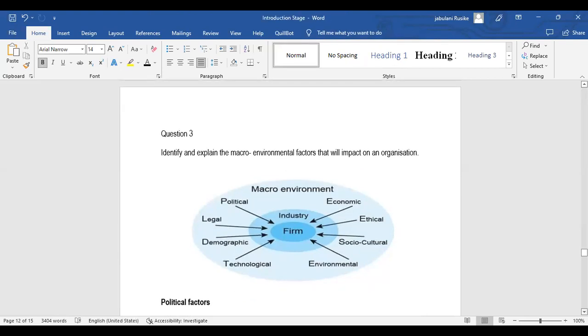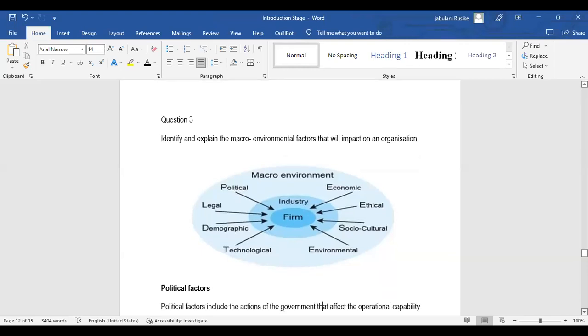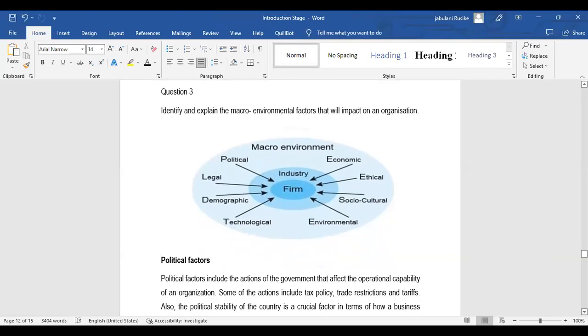But in this case, what we want to talk about is how they impact an organization. How does the political environment in a country affect or impact an organization? How does the economy of the country affect the operations of an organization?